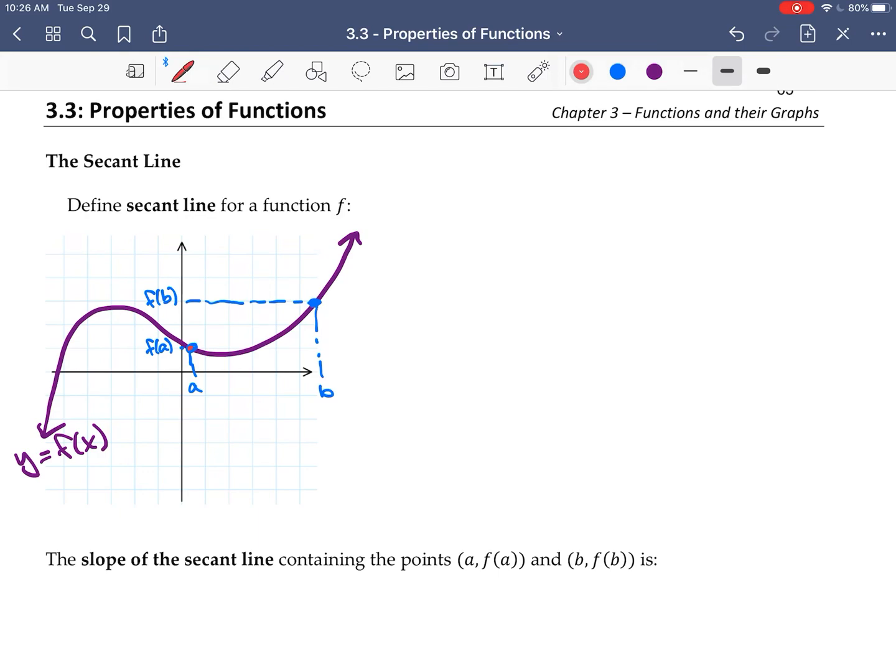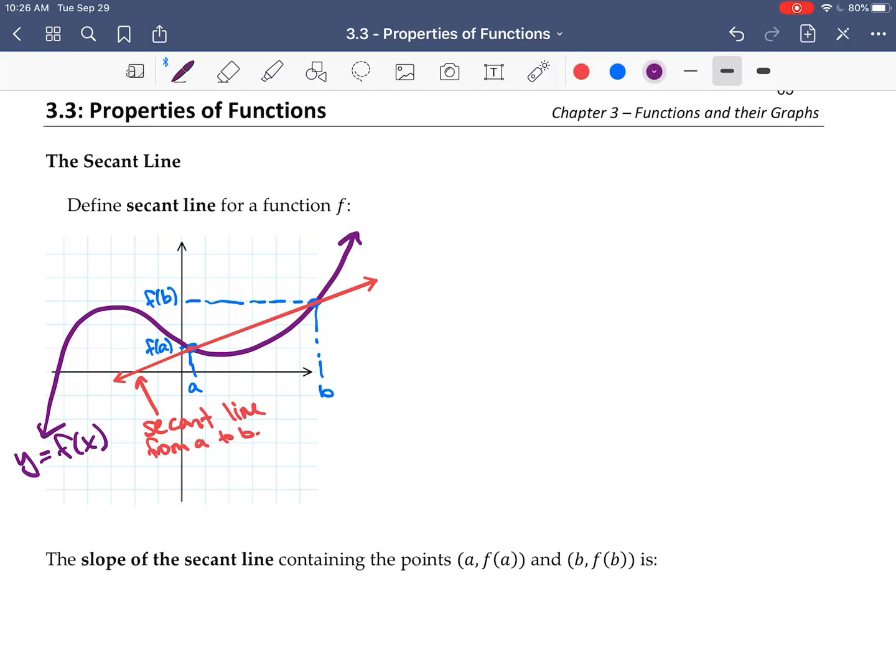So it's going to look like a straight line that goes through those points. Okay, so that is the secant line from A to B. Okay, so that's the picture, that's the idea.